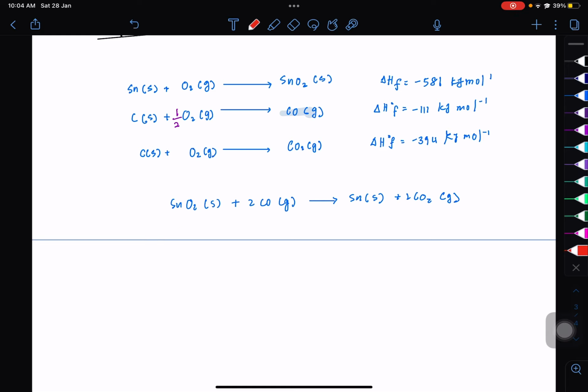Okay, so you buat arrow ke bawah. Okay, SnO2 dia terhasil daripada Sn dan oksigen kan, stannum dan oksigen.